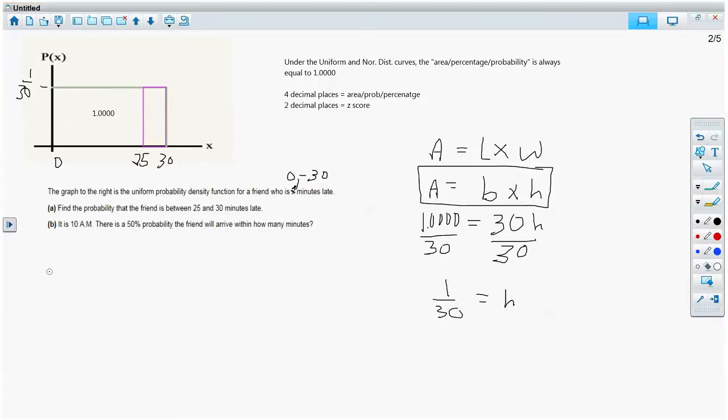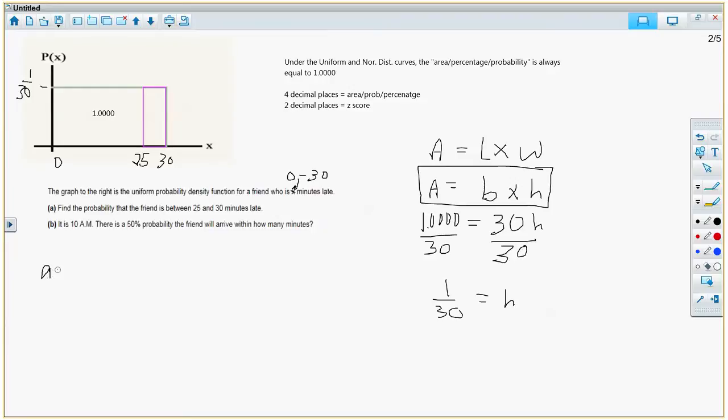So A is going to equal area is equal to base times height. What's my base here? 5, Hubert. That's right, class. Thank you for enunciating and being loud enough. And what's the height? 1 over 30.